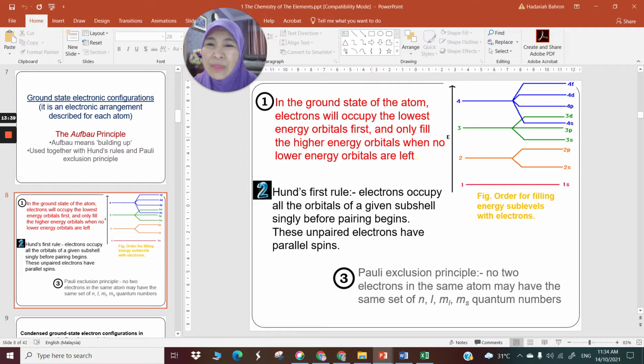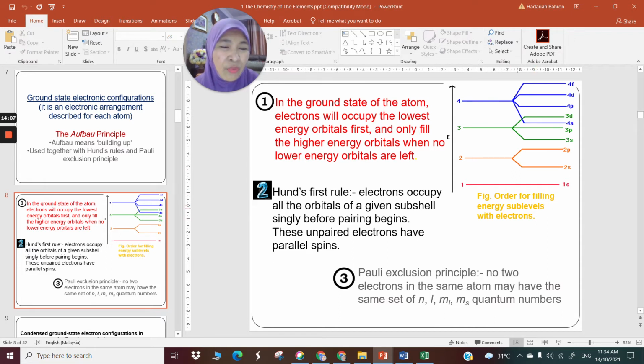So by nature, we like to be stable. Same with electrons. Electrons will fill in the orbitals at the lowest energy level first. Once it is full, then the electrons start to go up to higher and higher levels. That is very systematic. They will only fill the higher energy orbitals when no lower energy orbitals are left empty.